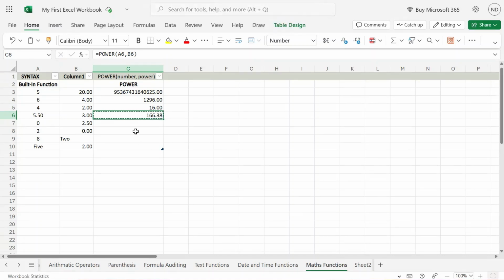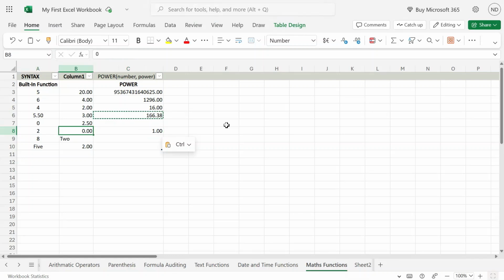Okay, so if I try to get the power of 2 to 0, it will give me 1. So you need to see to it that whenever you raise any number to the power of 0, it will always give you 1. So even if I put here 200, it will still give me 1.